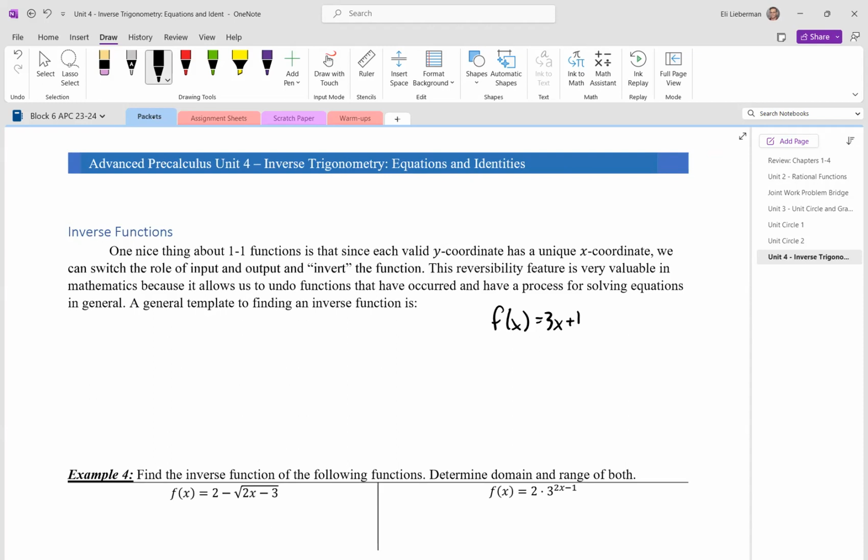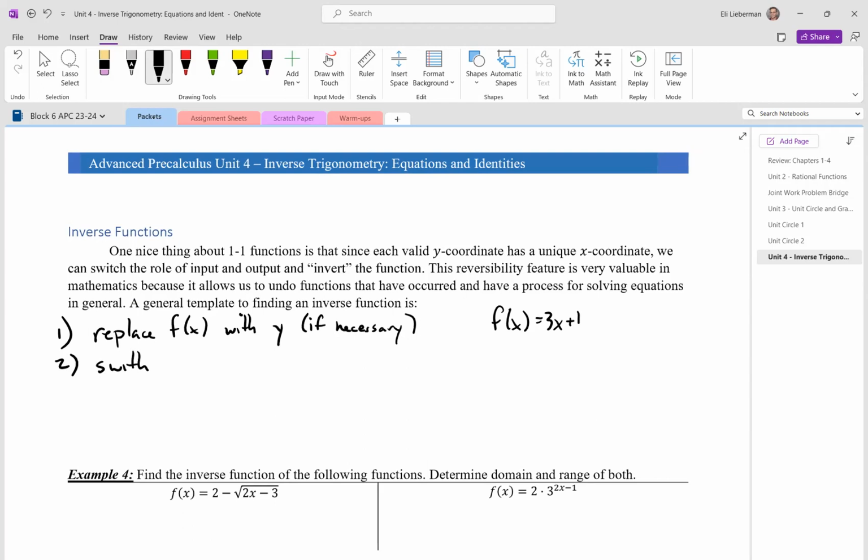Was anyone able to successfully do this? Let's just check. Step one: replace f of x with y, if necessary. All right, so it's nice to have a y in there. And this is kind of optional too, and I'll explain what that means in a minute. Next step: take the x and y and switch them.